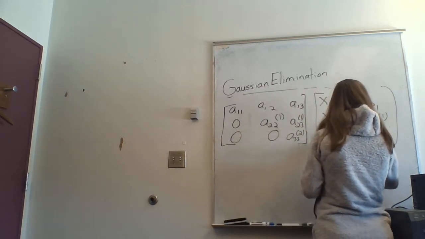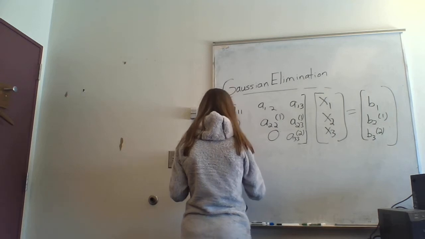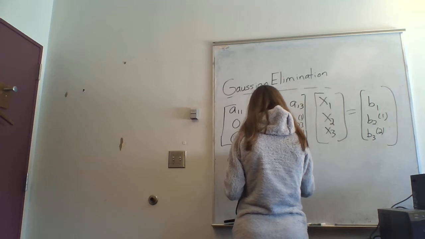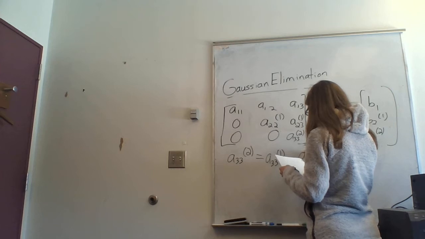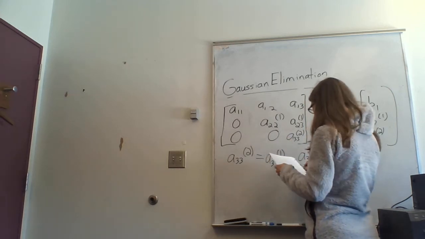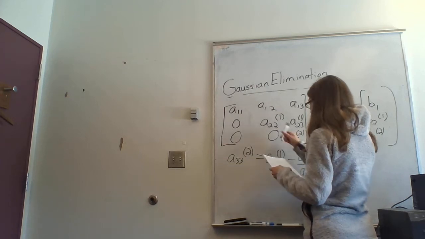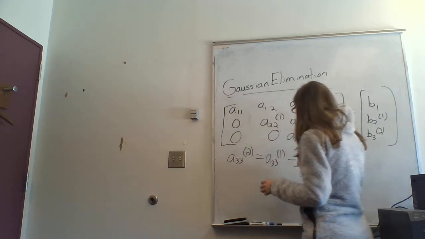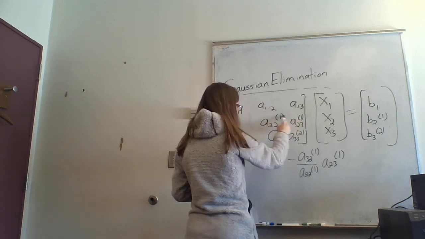So now, as you can see, there's these two here for the B3 and the A332. That's because doing what I just said, which is where we're going to take a term in a row, then we're going to subtract the term that was originally here divided by A221, which is originally here, and then times A31, because we're adding the two rows together.